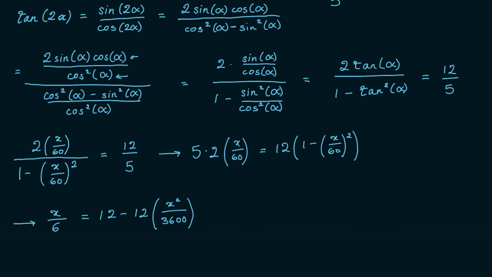Alright. We can simplify this a bit further and say x over 6 is equal to 12 minus x squared over 300.